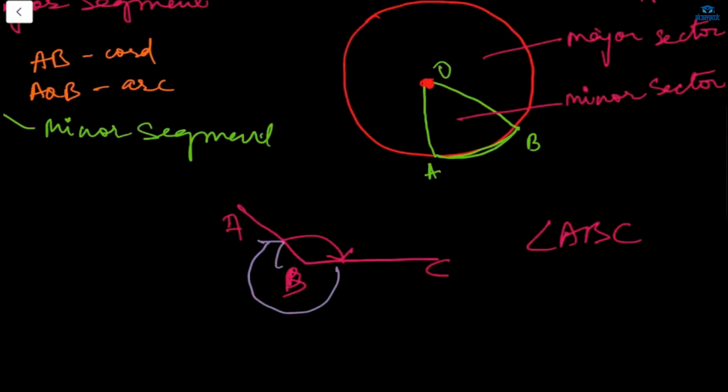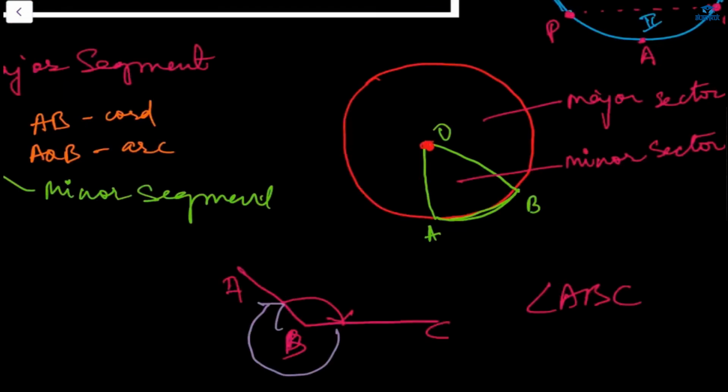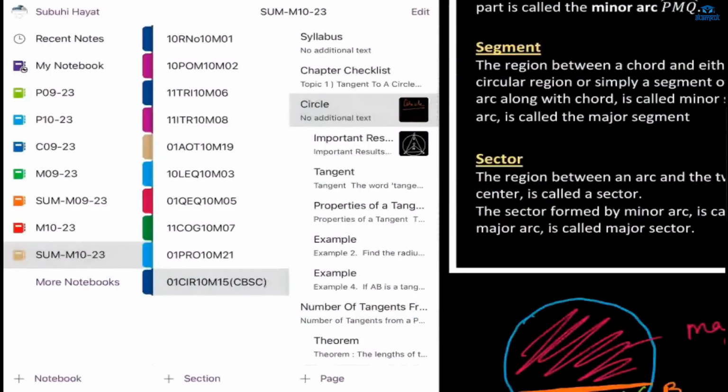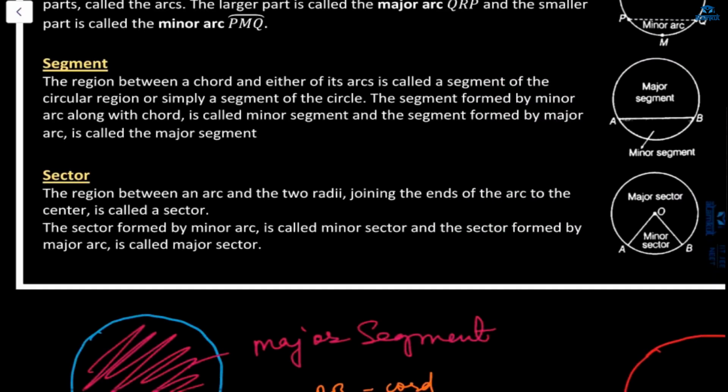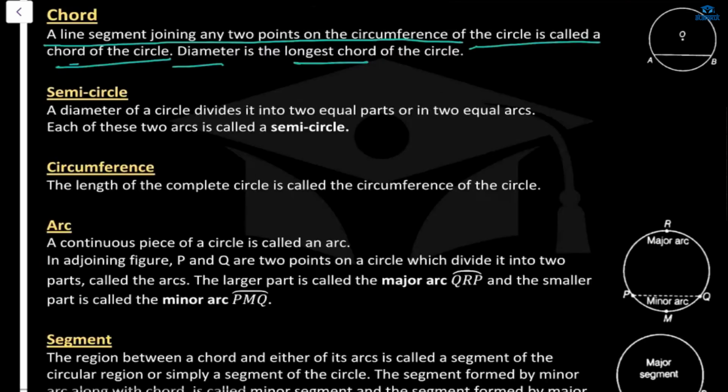ABC is going to represent both angles. So here AOB is going to represent the sector, but you have to mention whether you are representing the minor sector or the major sector, okay. Now these terms are clear, Safia? Sector, segment, chord, arc, circumference, semicircle. Any doubt in any of this?